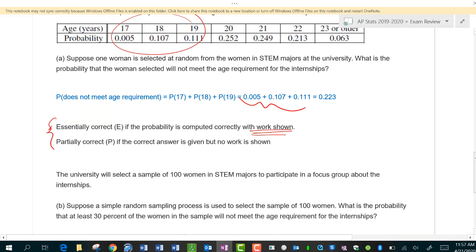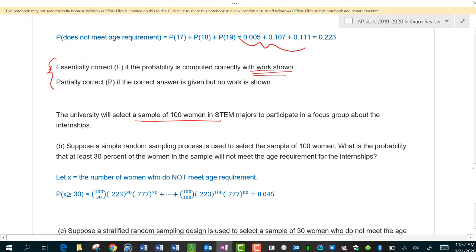The second part says the university will select a sample of 100 women to participate in a focus group. So part B wants to know what is the probability that at least 30% of the women in the sample will not meet the age requirement. Note here, because we have this sample of 100 women, that does imply that it is binomial probability.